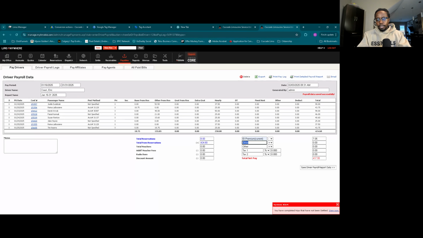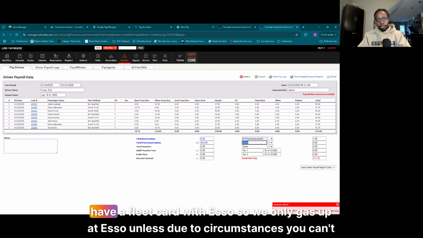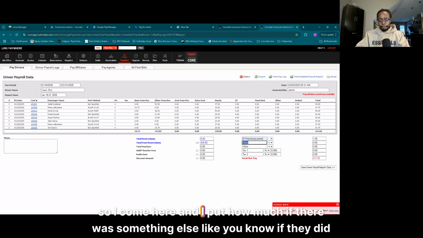Now, in these other rows, sometimes I add things like if a chauffeur goes out of pocket and buys a lubricant, like an oil, or windshield washer fluid. Our company has a fleet card with Esso, so we only gas up at Esso unless due to circumstances you can't, and you gas up somewhere else. If my chauffeurs go out of pocket, I reimburse them. So I come here and put how much.